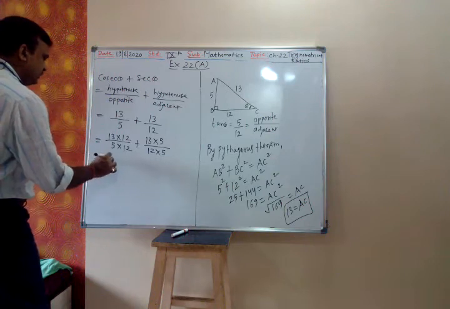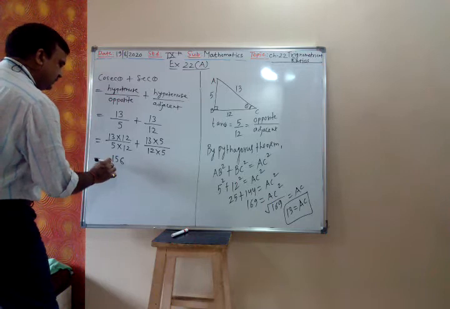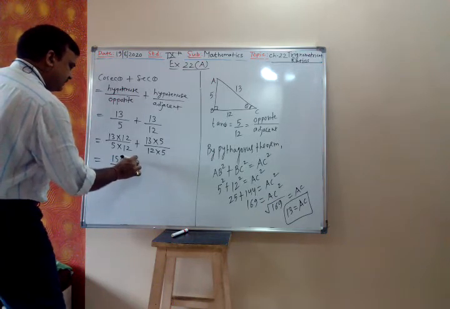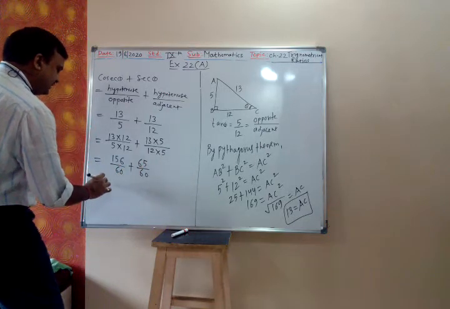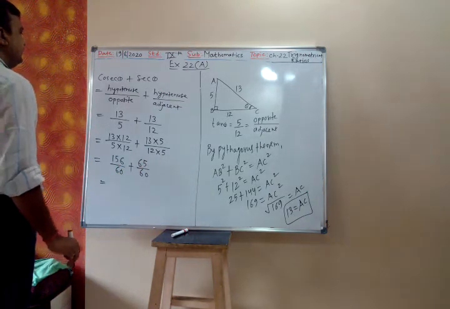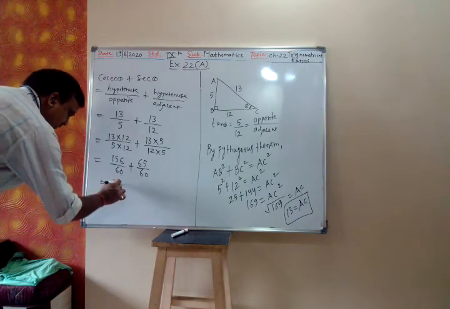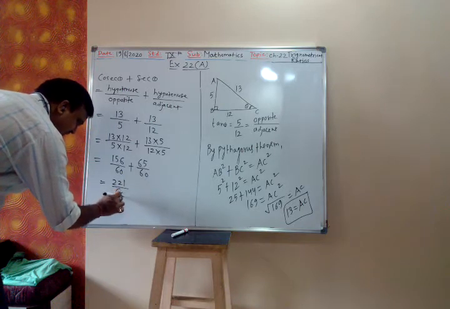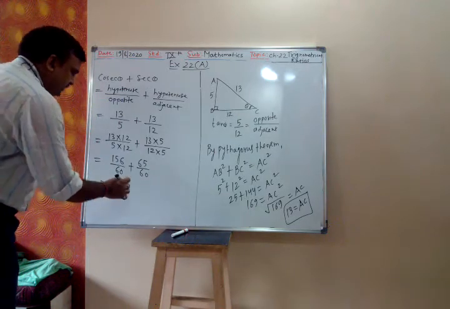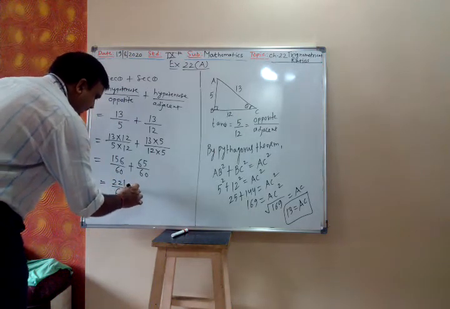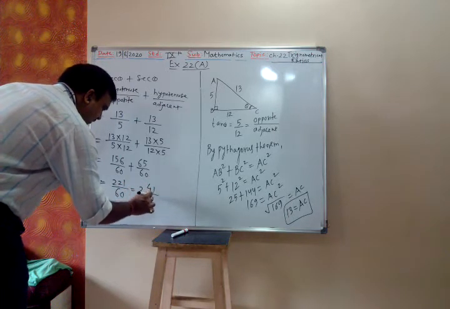So that is 13 into 12, 156, upon 60, plus 65 upon 60. 156 plus 65, let's find out, is 221 upon 60. Does it get cancelled by any number? No. As a mixed fraction, this is 3 and 41 upon 60.